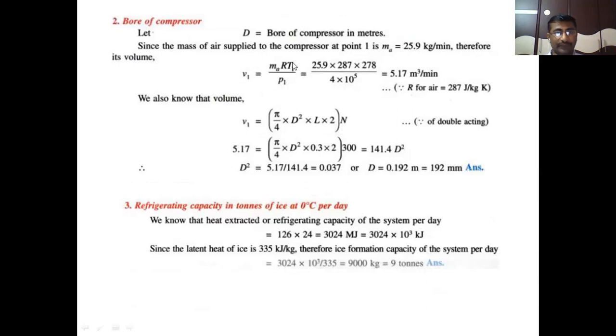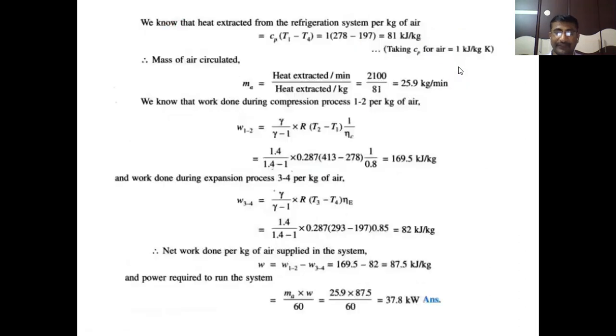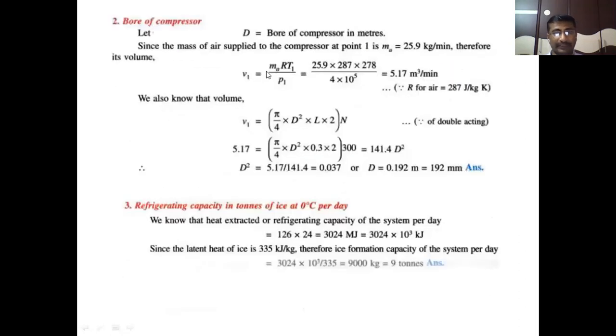Therefore, its volume at point 1. State one is before compression, the suction point for the compressor. Therefore, volume at that point, V1, equals MA RT1 by P1, since P1 V1 equals MA RT1.